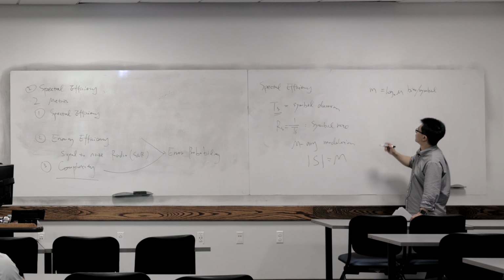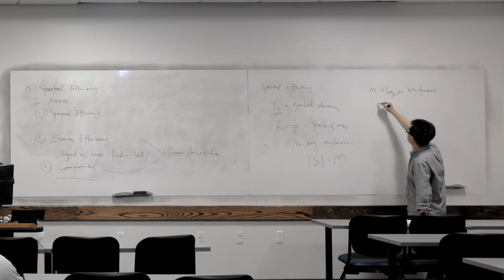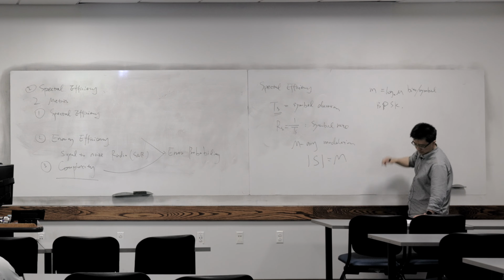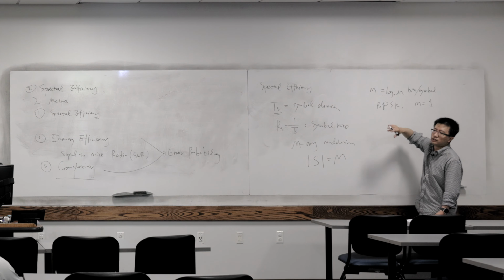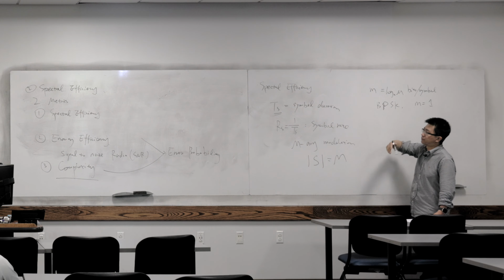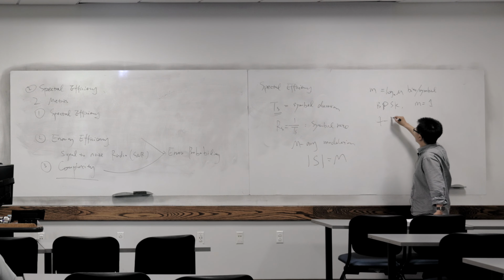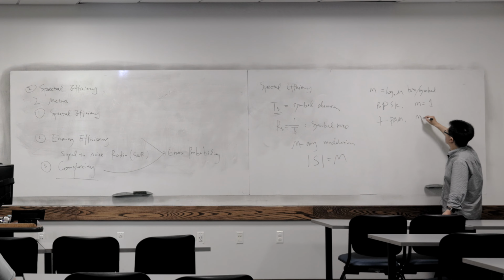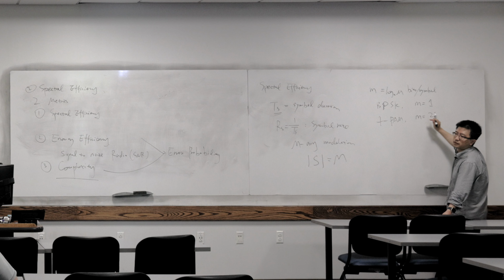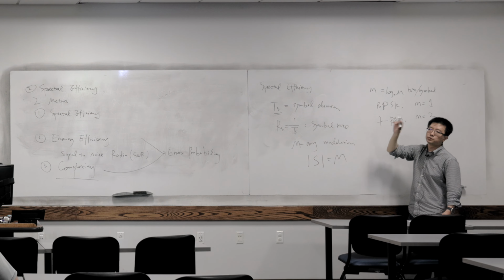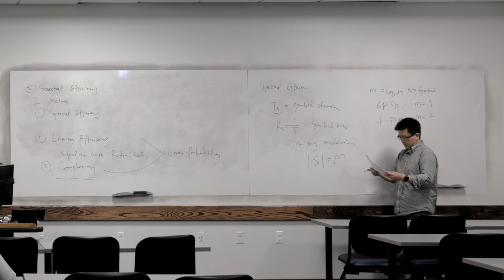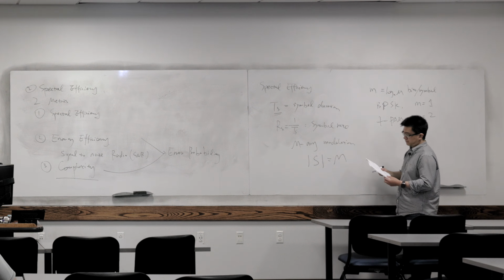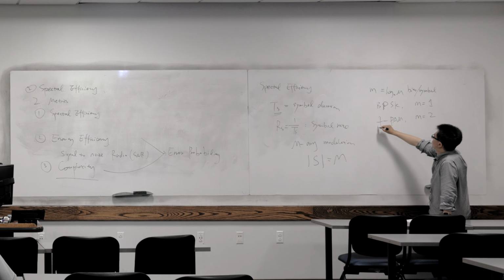Okay, so for example, for BPSK, small m would be equal to 1 because we have 2 waveforms, right? And for 4-PAM, small m would be equal to what? 2, right? Because we have 4 cases, so we can transmit 2 bits: 0 0, 0 1, 1 0, and 1 1. Maybe let's give you an example here.